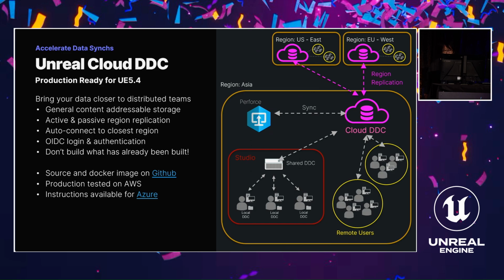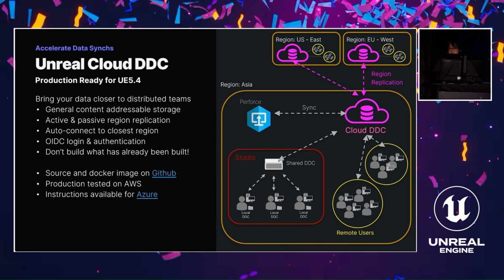It efficiently replicates DDC across multiple regions and endpoints, ensuring users always connect to the nearest endpoint. For instance, if your colleagues are working remotely from different locations, they won't need to rebuild the data already built by others, nor re-download existing data. This feature significantly impacts remote developer iteration.